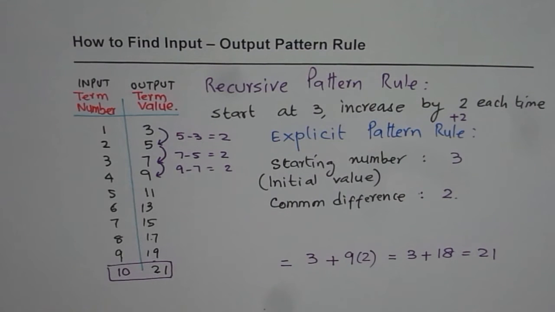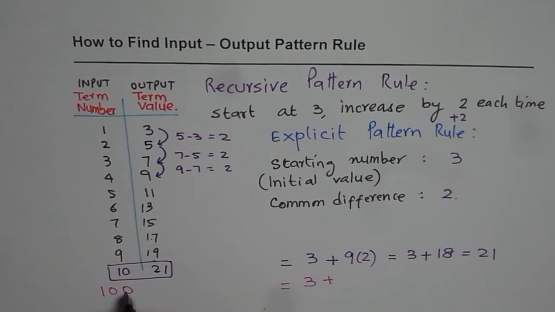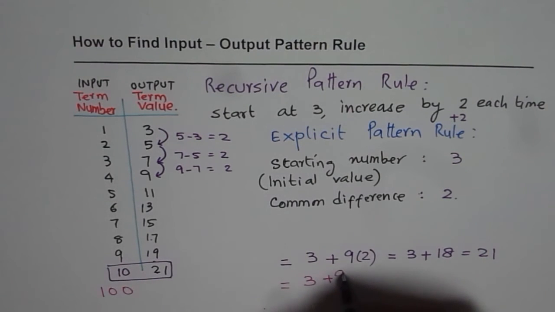Do you see that? Now, that is the power of the explicit pattern rule. Now, if I want to find the value for, let us say, the 100th term, then I will do 3, the starting value, plus 1 less than 100, which is 99. 99 times 2.